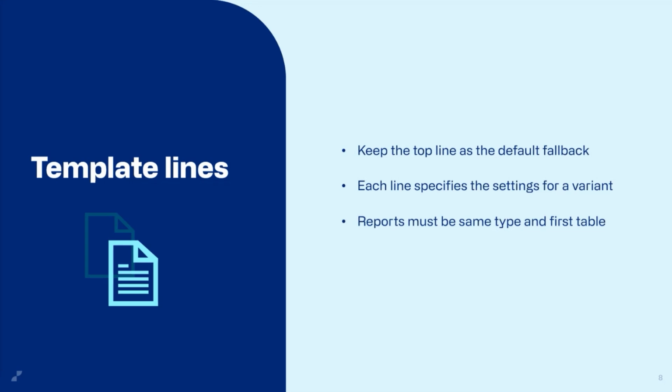In today's case, the examples I will do will be on an invoice. But the important thing is to keep the top line, so the first one, as the default line. So a line that does not have any filters applied at all. Well, at least any variant filters.